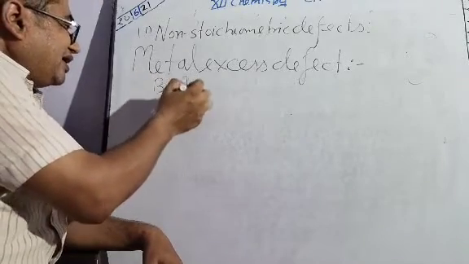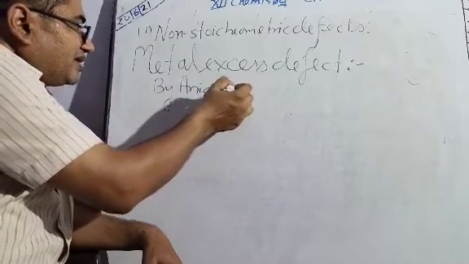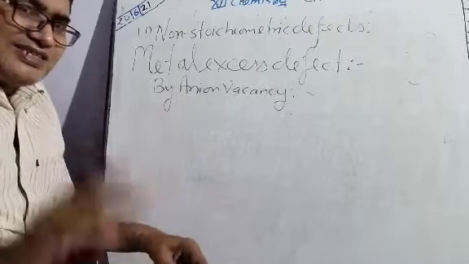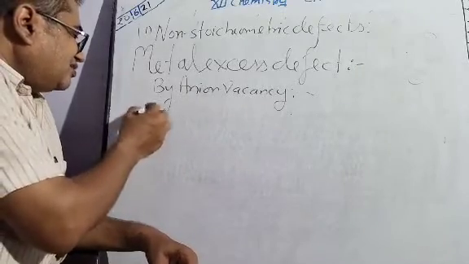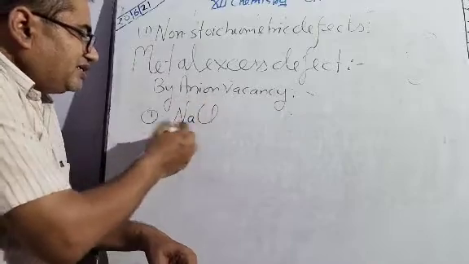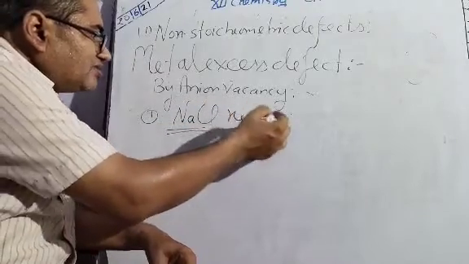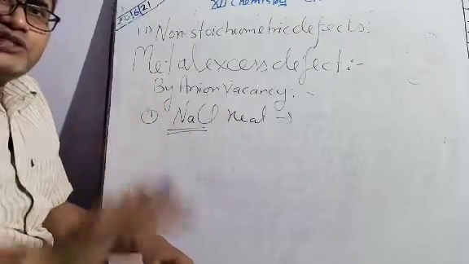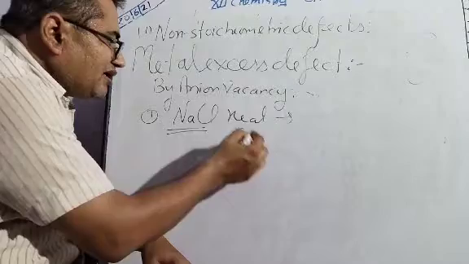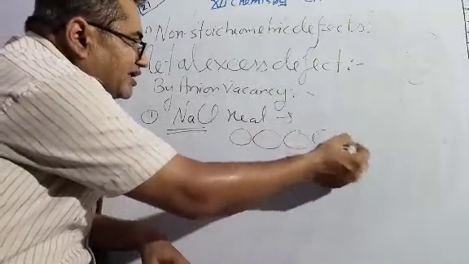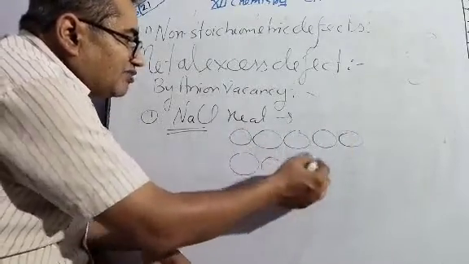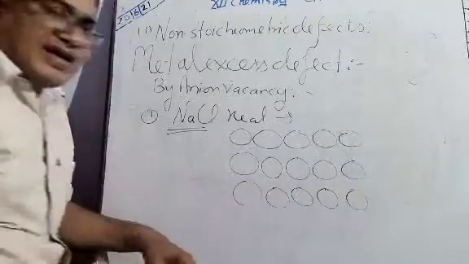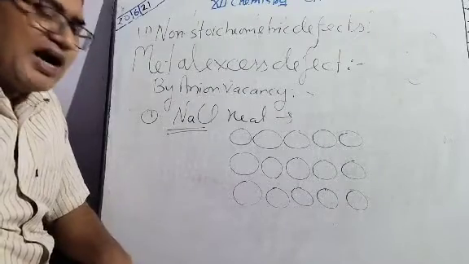This kind of vacancy is created when we take one example, NaCl, and heat it. So Cl minus ions are displaced from their particular position and make a hole. That hole is occupied by an electron.